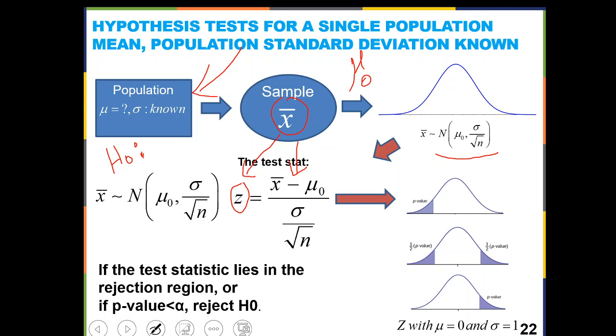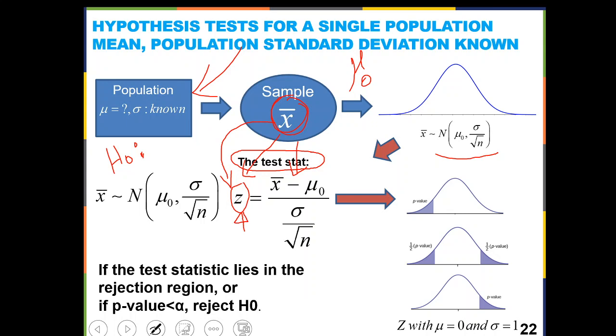That Z score is called the test stat. The test stat is the statistic we get from the sample, and we just find the Z score for it. And that is called the test stat.